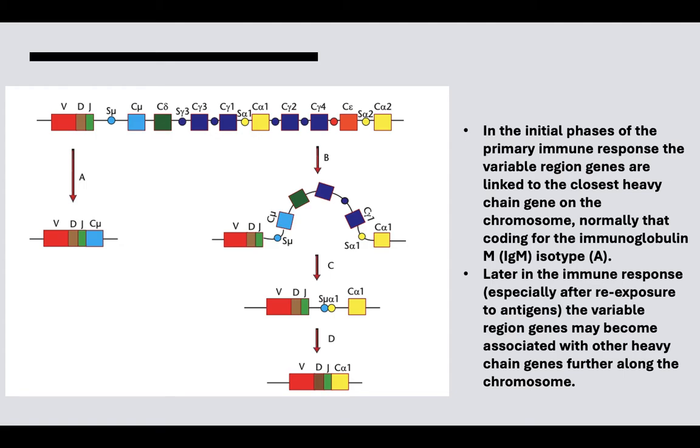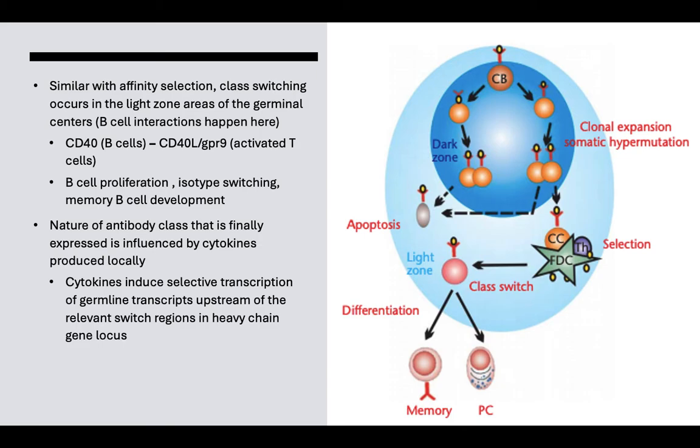Similar with the process of affinity selection, class switching will occur in the light zone area of the germinal center. Here we expect B-cell interactions to occur, with the interaction between receptors and ligands.